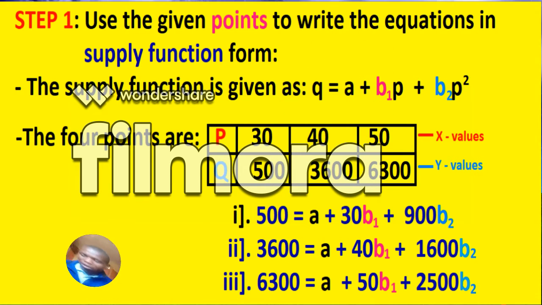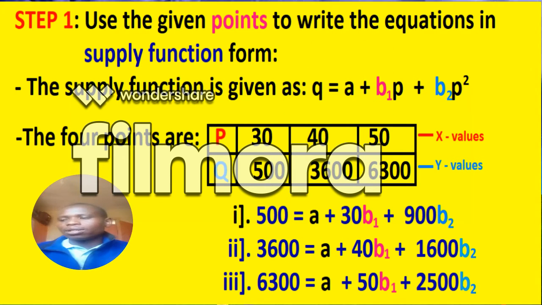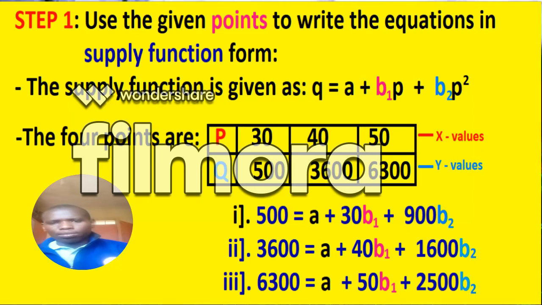Equation 1 goes with the first coordinate, 30 and 500. Equation 1 is 500, which is Q, equals A plus 30B1. Remember 30 stands for P, plus 900, that is 30 squared, B2.